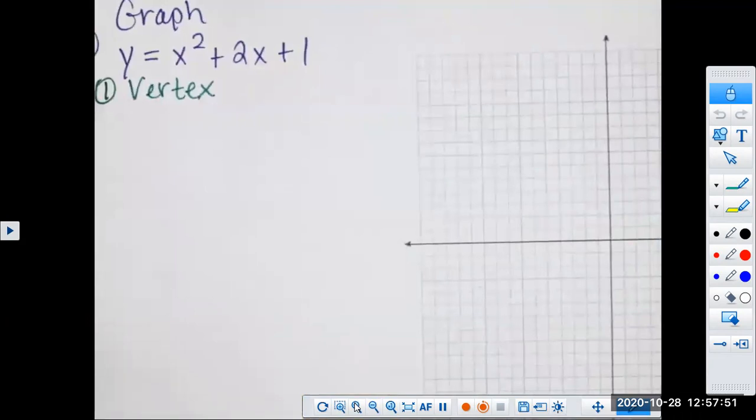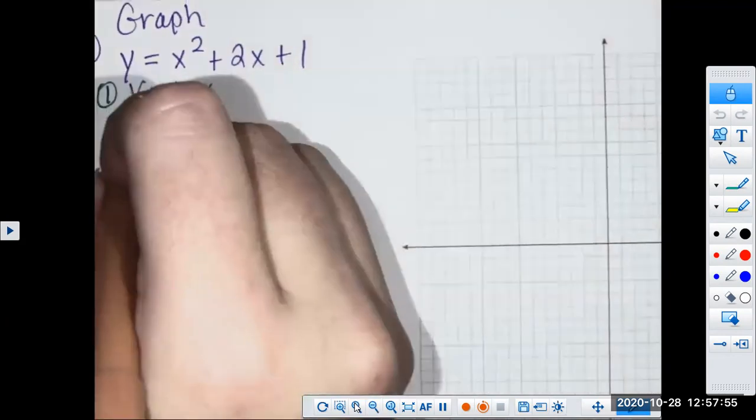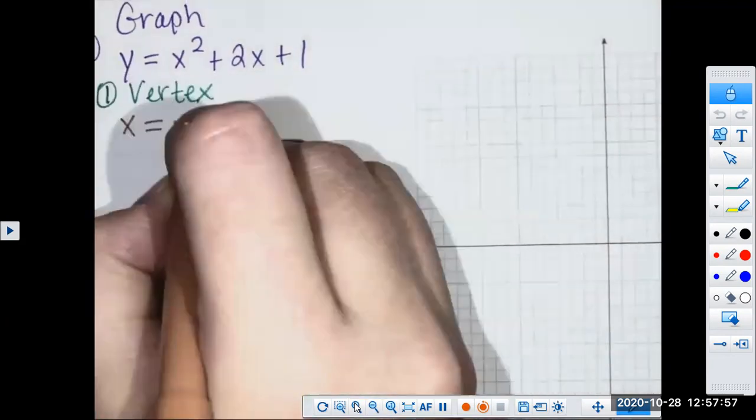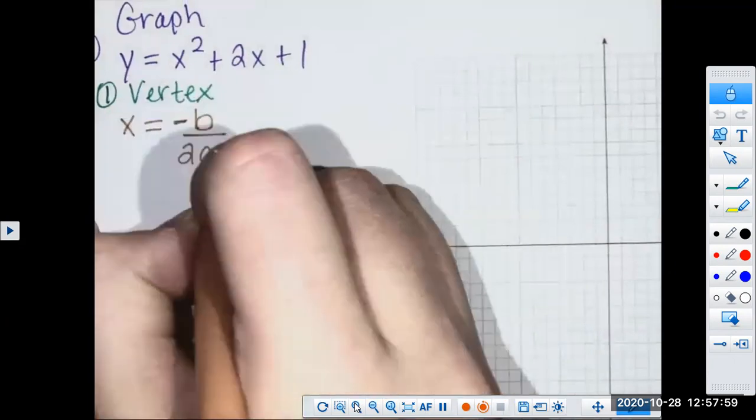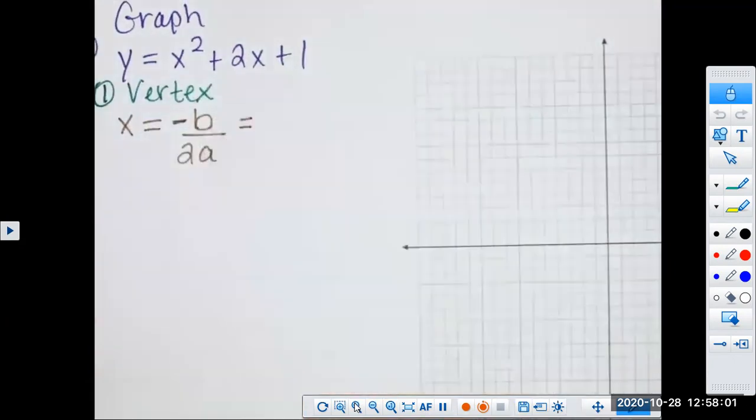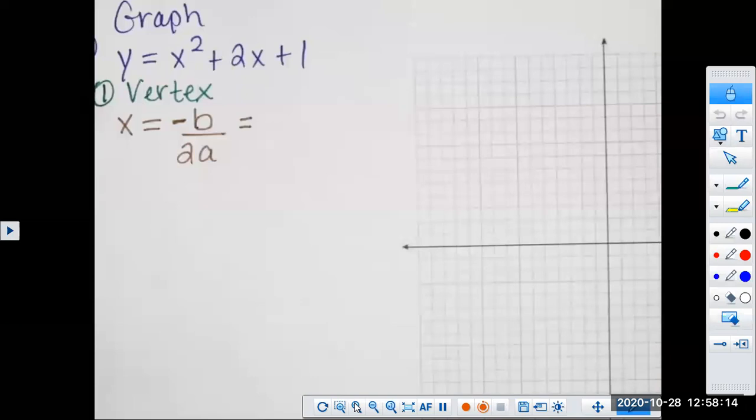And you have to remember, what was that tiny formula? Negative b over 2a. Good, negative b over 2a. Something that might help you if you're wondering what in the world a, b, and c are is to go up top when you start. What is the value of a?